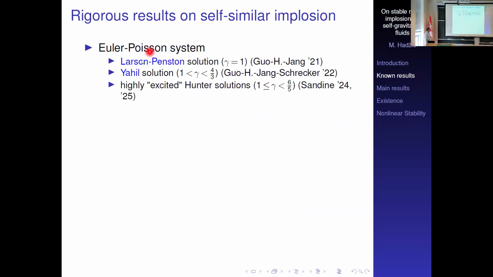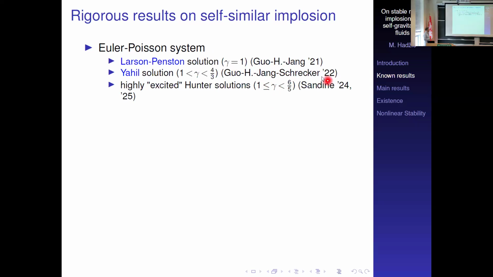The existence of this Larson-Penston collapse is joint work with Yan Guo and Zhihui Zhang from a while ago. Like I said, this is limited to the case gamma equals 1, the isothermal fluid. A much harder range of exponents is the one when gamma is bigger than 1. This is joint work with the other two authors I mentioned and Matthew Schrecker.